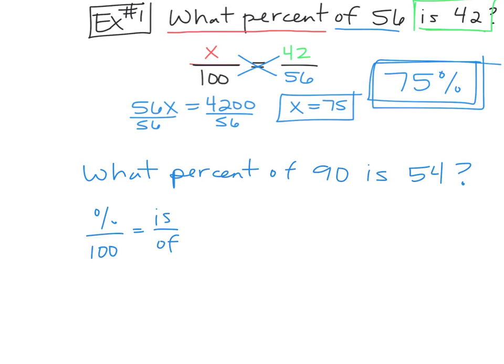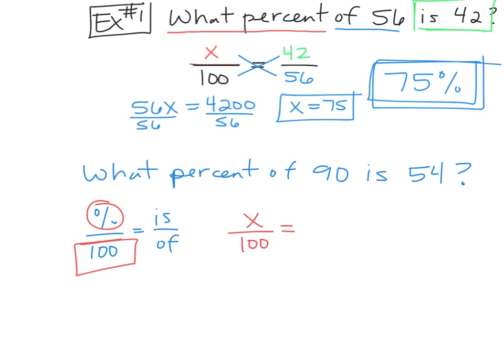Can you set that up for me? What's my X? What's my unknown right now? The percent again, okay? So right here in place of the percent is going to be my X. This one never changes. The 100 is always 100 because a percent is something divided by 100. If I say 75%, it's 75 over 100 or 0.75, okay? So the 100 never goes away.